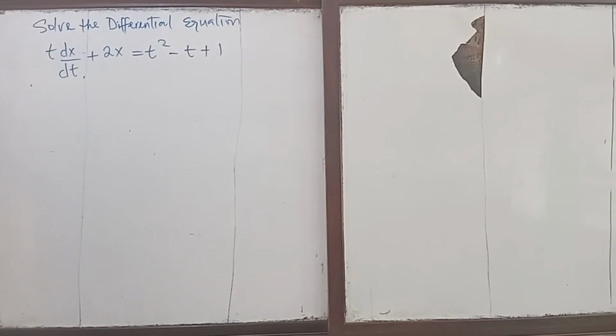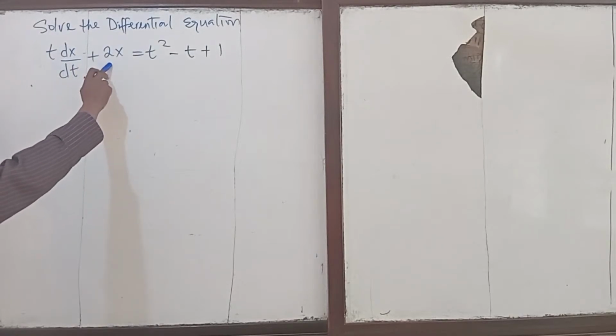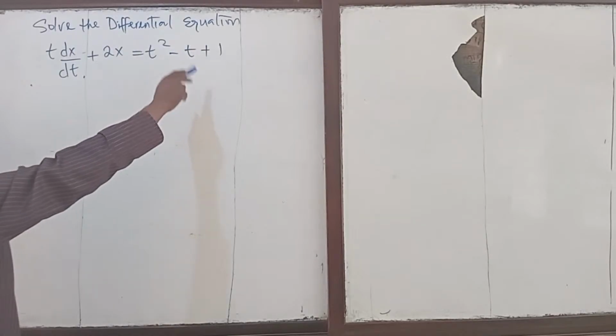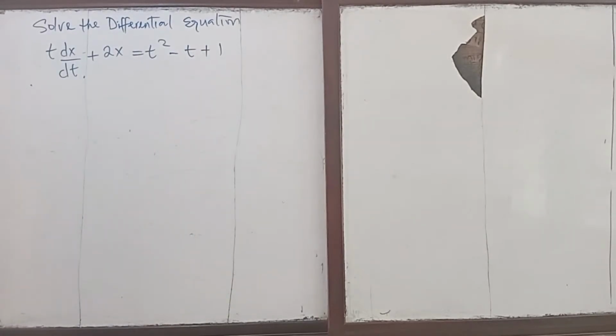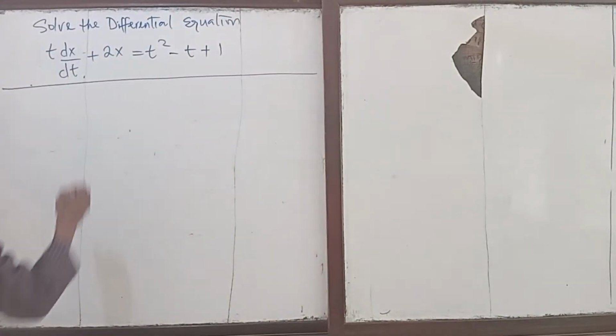We have the question, solve the differential equation: t dx/dt plus 2x equal to t squared minus t plus 1. So let's have a quick review of the form for a linear differential equation.